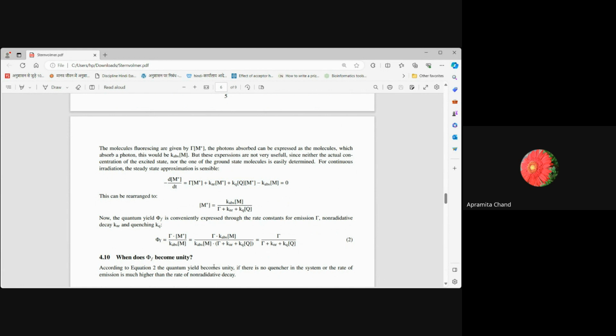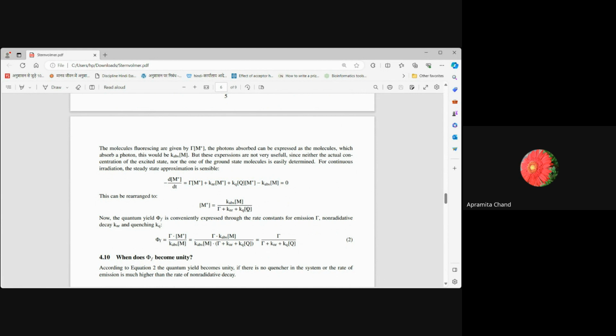For steady state approximation, these equations are always 0. So if we take M star common, this will be reduced to K absorbed times the concentration of M divided by the sum of these particular terms.